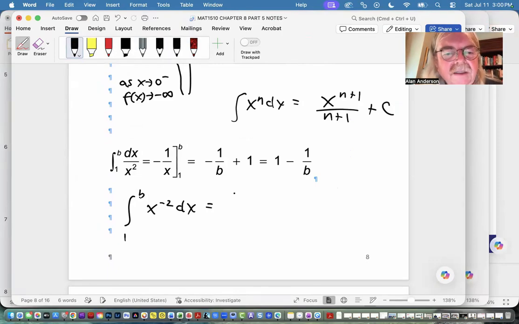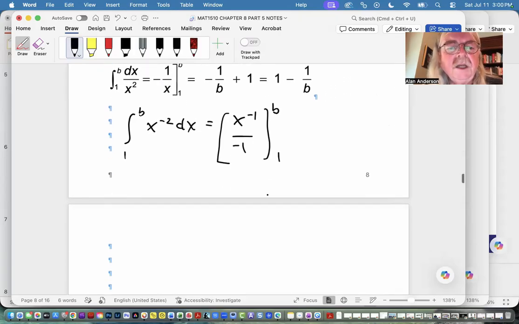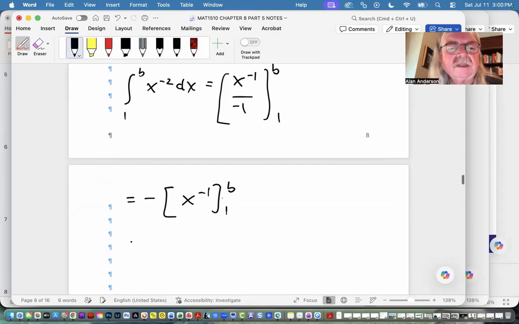So we'll have x to the minus 1 over minus 1 evaluated between 1 and b. So I'm going to factor out the negative. And I'll tell you what, let's rewrite it as 1 over x.